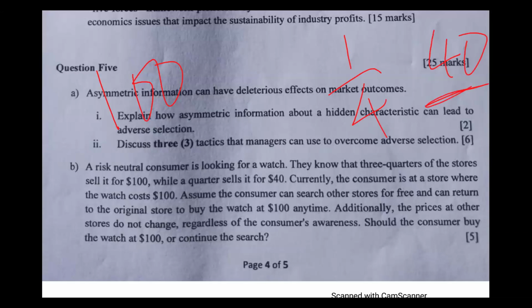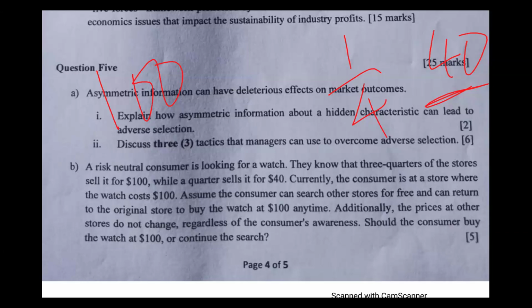So currently, the consumer is at a store where the watch costs 100. Now, assume that the customer can search other stores for free and can return to the original store to buy the watch at 100 anytime. Additionally, the price at other stores does not change, regardless of the consumer's awareness. Should the consumer buy the watch at 100 or continue searching?